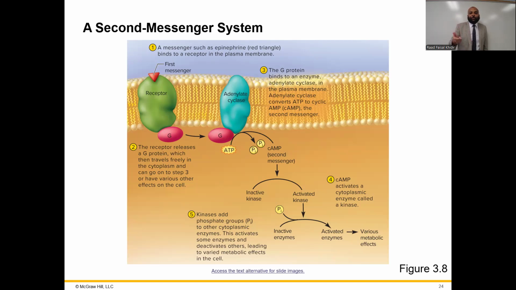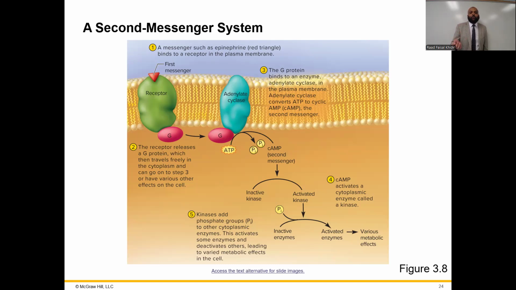So the G protein binds to an enzyme called adenylate cyclase in the plasma membrane. Adenylate cyclase converts ATP, adenosine triphosphate, to cyclic AMP, cyclic adenosine monophosphate. Then cyclic AMP, that's our second messenger.